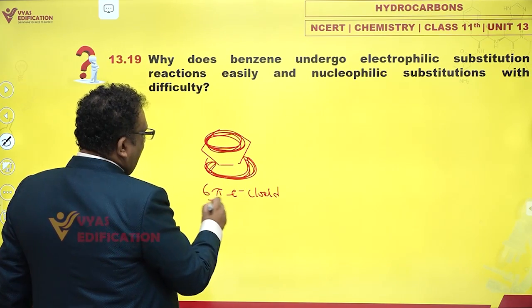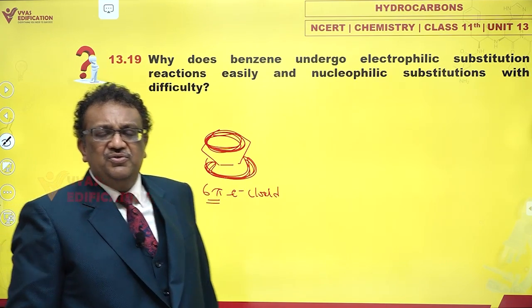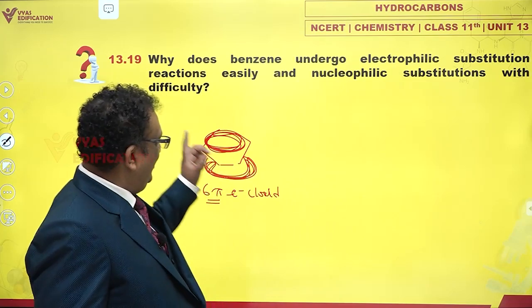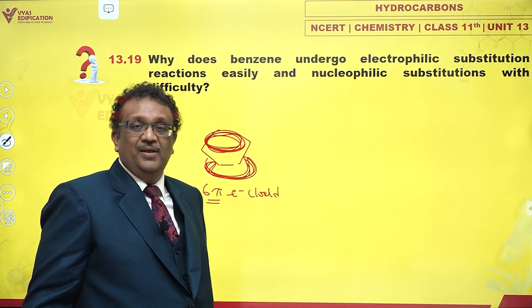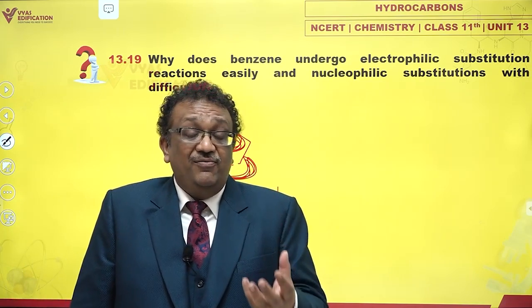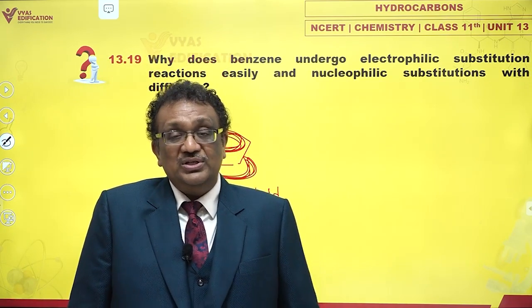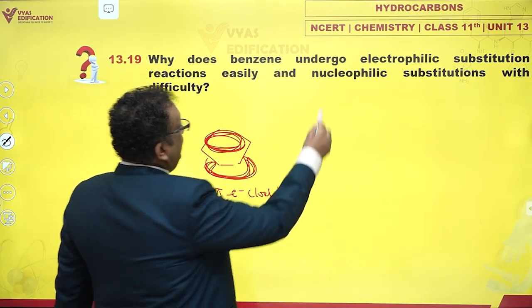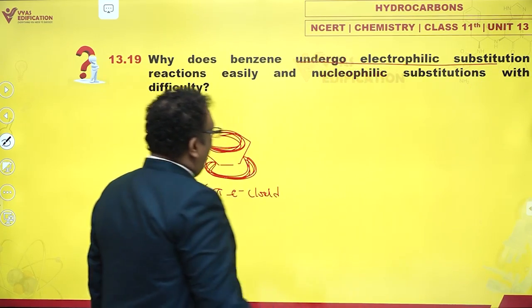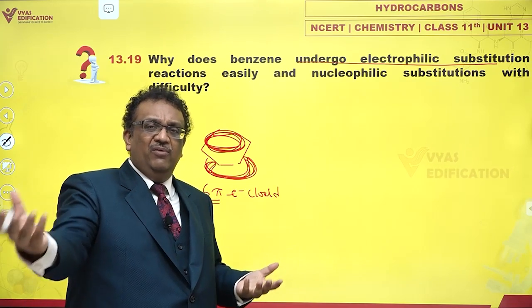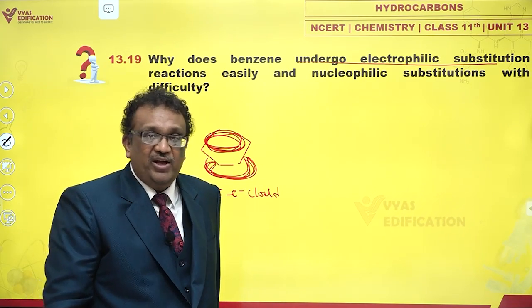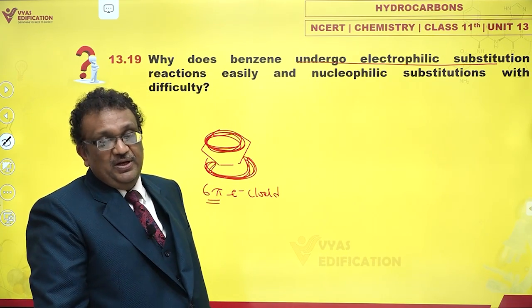It has 6 pi electrons. It is rich, and these electrons are happily rotating above and below the ring. They serve as a very good source of electrons, and that is why it can easily undergo electrophilic substitution. It is electron rich. It shows off electrons, and people who love electrons come to it. Electrophilic reactions become easy. That is the first part.